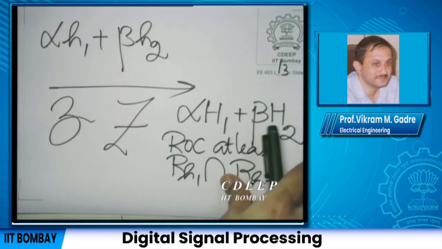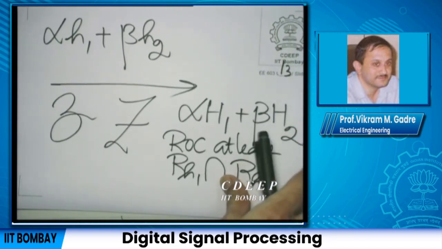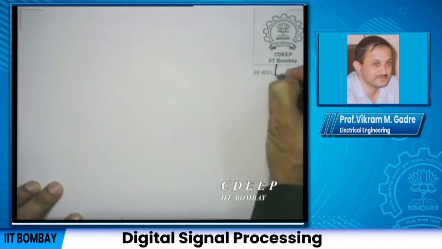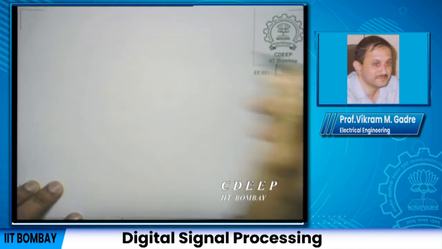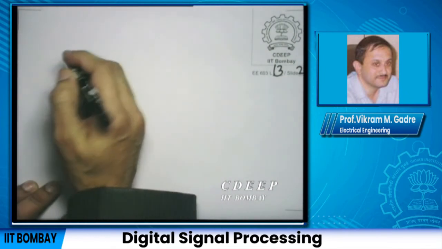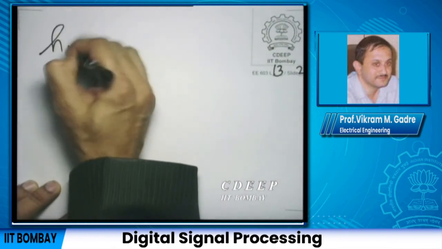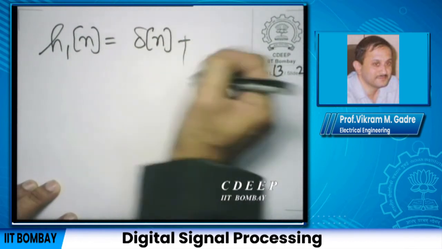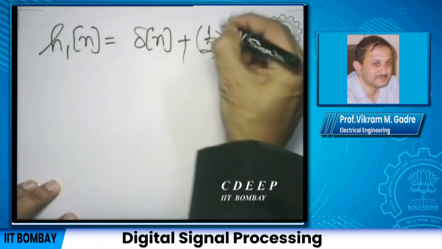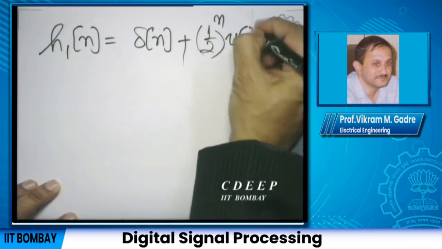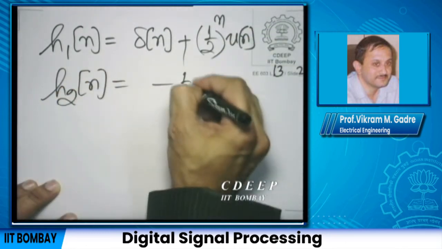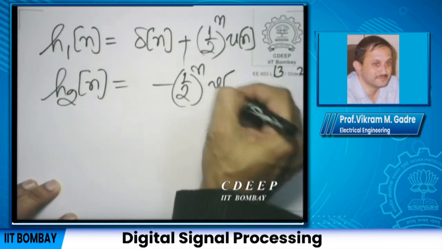Now, let us take an example. Let us take the sequence h1[n] as delta[n] plus (1/2)^n u[n], and let h2[n] be minus (1/2)^n u[n].